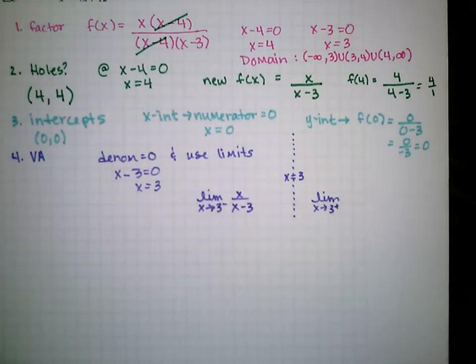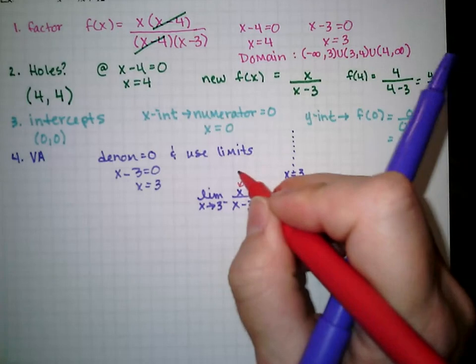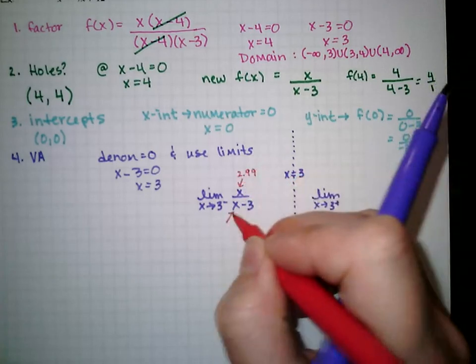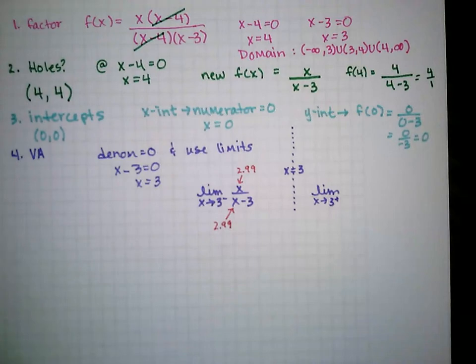When we did this previously, we chose a value that was just slightly smaller on the left side and slightly bigger on the right side. So on the left side of 3, I might choose 2.99. I'm going to plug in 2.99 for both of my x spots, for both of my inputs.